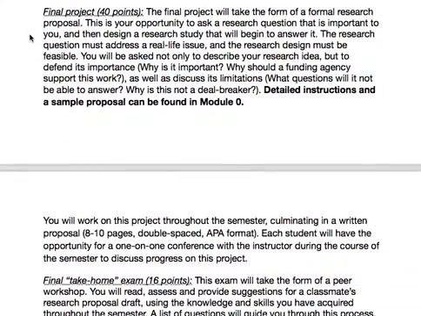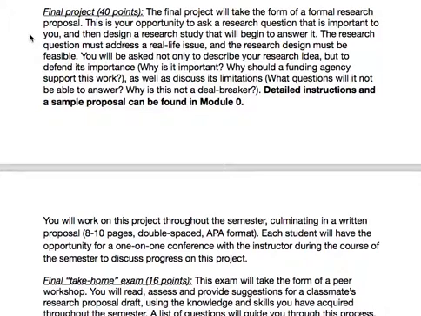The final project. This is the most important thing in the semester. So this is something that you will be working on throughout the semester, and it will take on the form of a research proposal. So this is not a research project where you have to collect data for real. It's just a proposal for a study that you would hypothetically do. So the research question here must address a real-life issue, and the research design must be feasible.